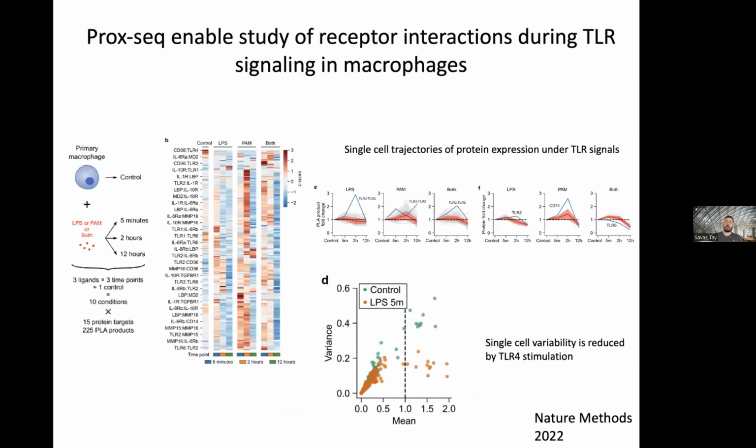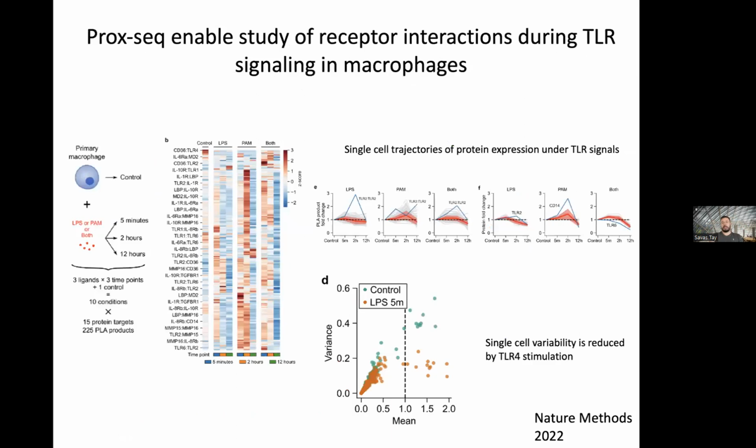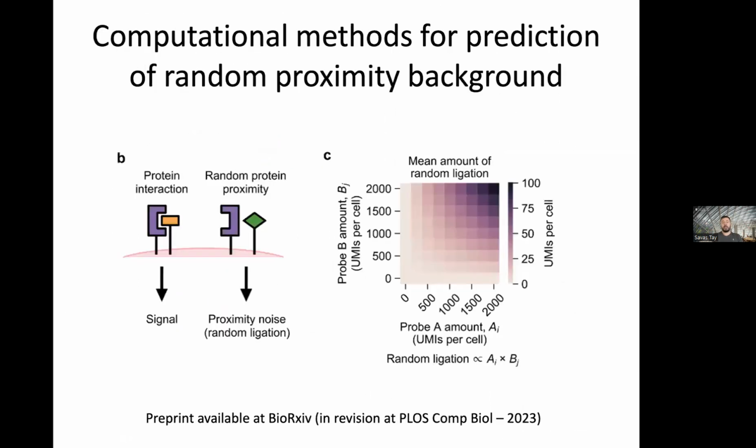I'm not going to go too much into the details of the analysis, but we can measure macrophages, T cells, dendritic cells, and a bunch of other cell types with this. We can create machine learning models like logistic regression models and predict gene expression or protein complex formation from our data.